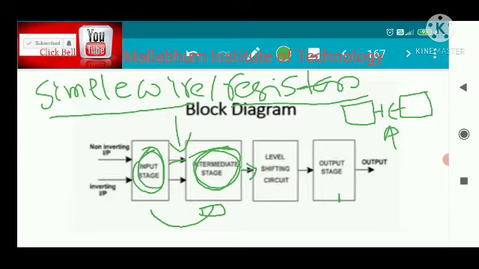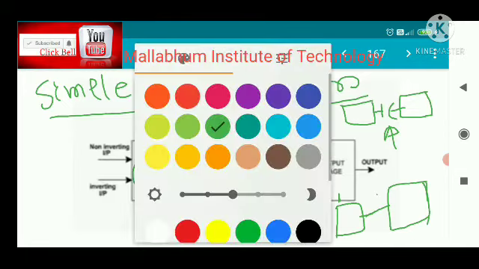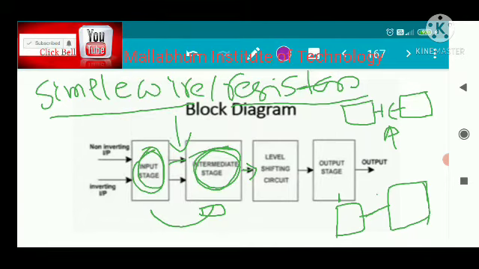But in direct coupling, we just connect with a simple wire, so there is no coupling capacitor present here. First understand the difference: the coupling device is the capacitor or maybe an inductor, but here no coupling device is present. That's why it is called direct coupling. It is connected with the help of a wire.